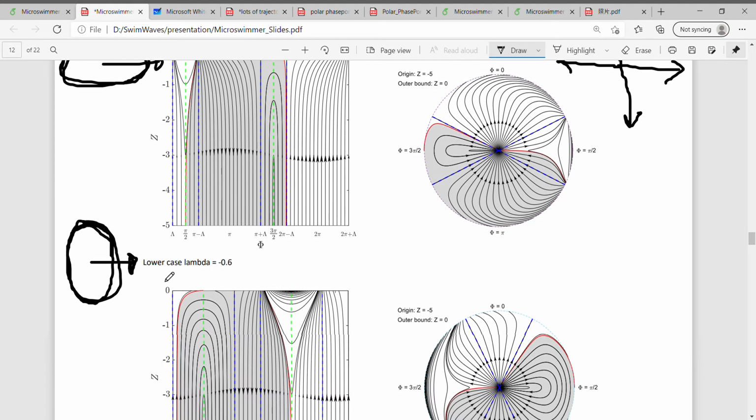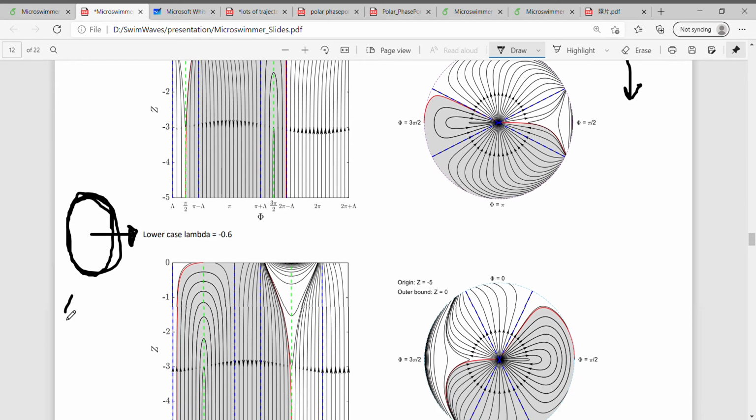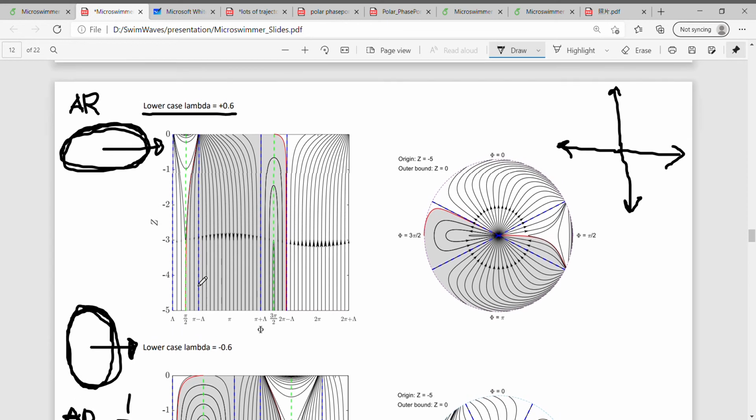And for this we have a lambda of minus 0.6, and this is like a disc, a mantle sugar moving in this direction. Okay, and this has aspect ratio of 1/2.